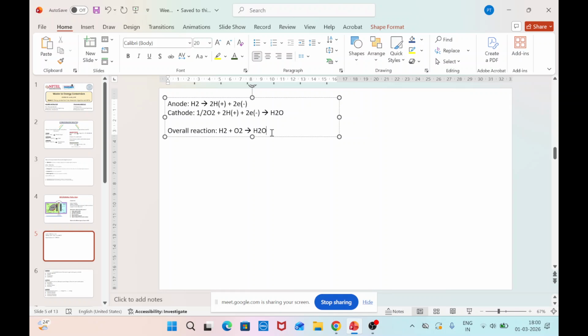So here a chemical reaction is generating energy. Hence, a fuel cell is a type of electrochemical cell where the chemical energy is converted to electrical energy, also called a galvanic cell.